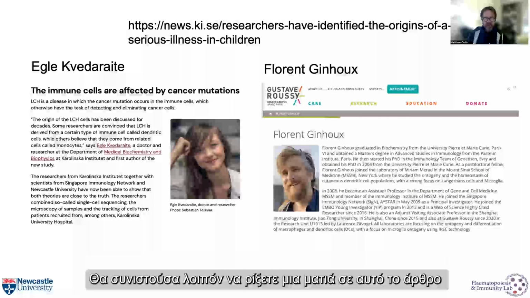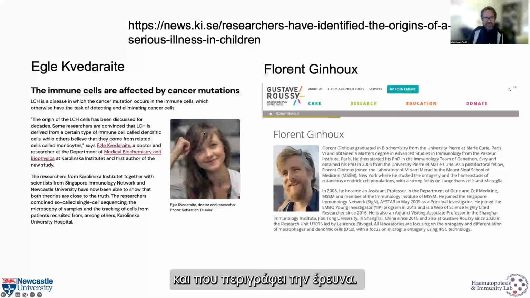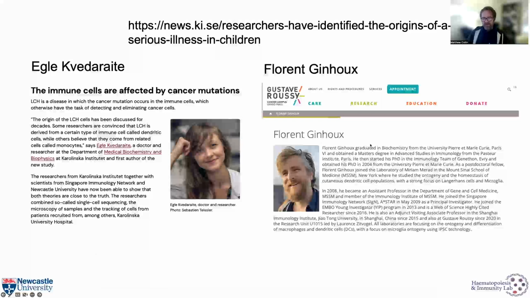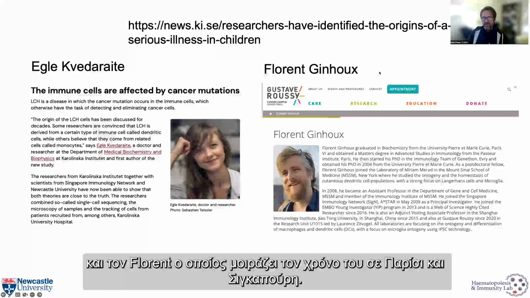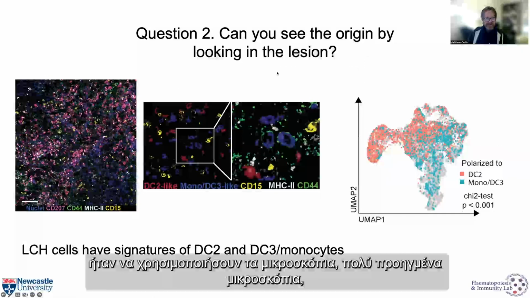And I would also suggest you look at this press release from the Karolinska, which describes the paper. This is Egla here, working in the Karolinska, and also Florent, one of the PIs who divides his time between Paris and Singapore.